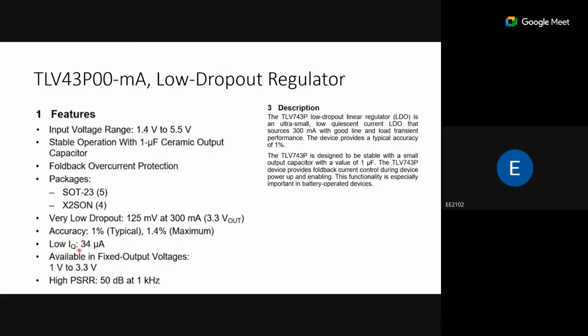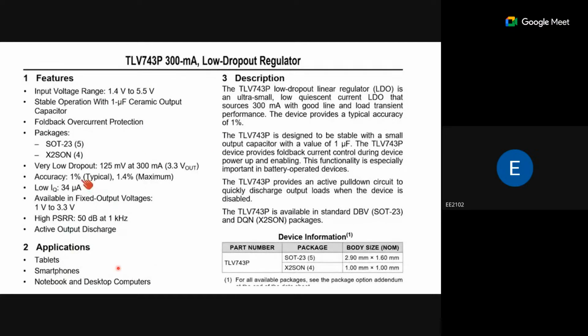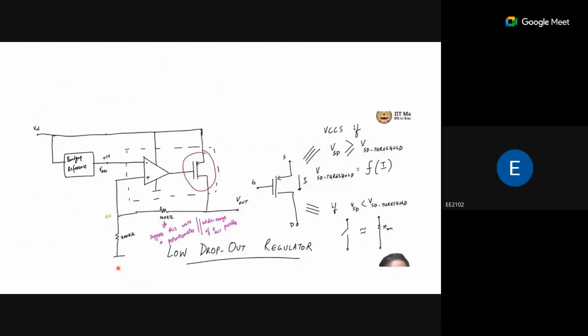If the input voltage is 1.4 volt to 5.5 volt, but I need a constant 3.3 volt output, then only if this is known can we design the regulator. Okay. So these are all features you see whenever we go for designing the regulator.